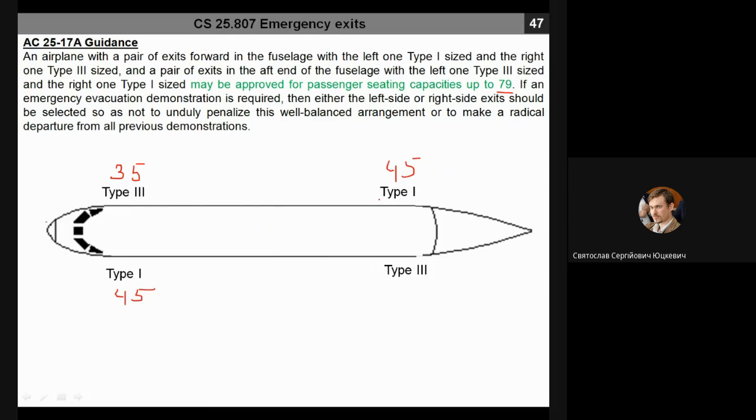But as it will be a limitation, we could not use 80; it will be only 79, less than the sum of these two types of doors. But this proof must be approved by the demonstration of an evacuation test.